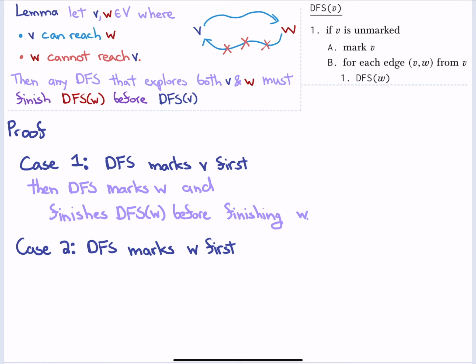But anyway, the point is that that previous lemma is roughly what we're looking for. And then something similar, suppose depth first search marks W first. Now I'm worried about it going off and searching V before it finishes W. But this wouldn't happen because?